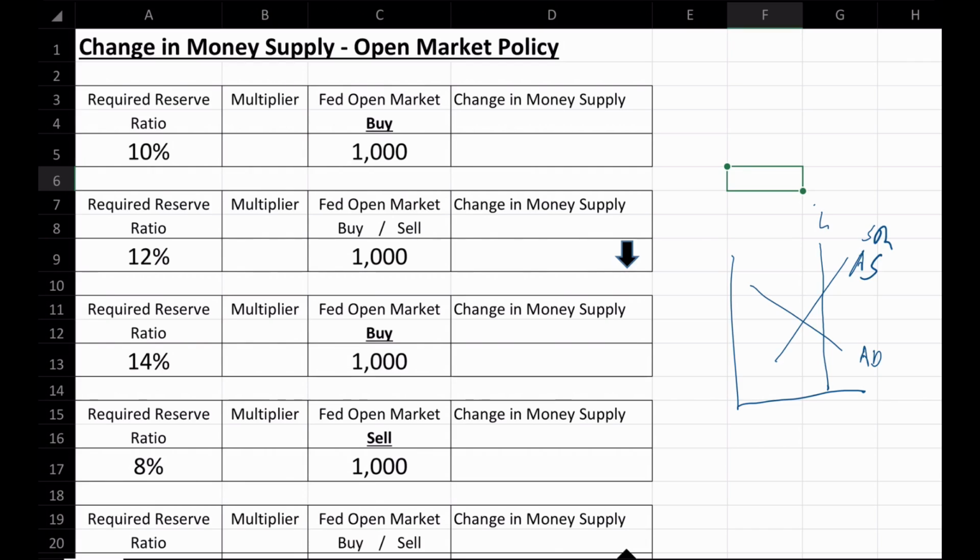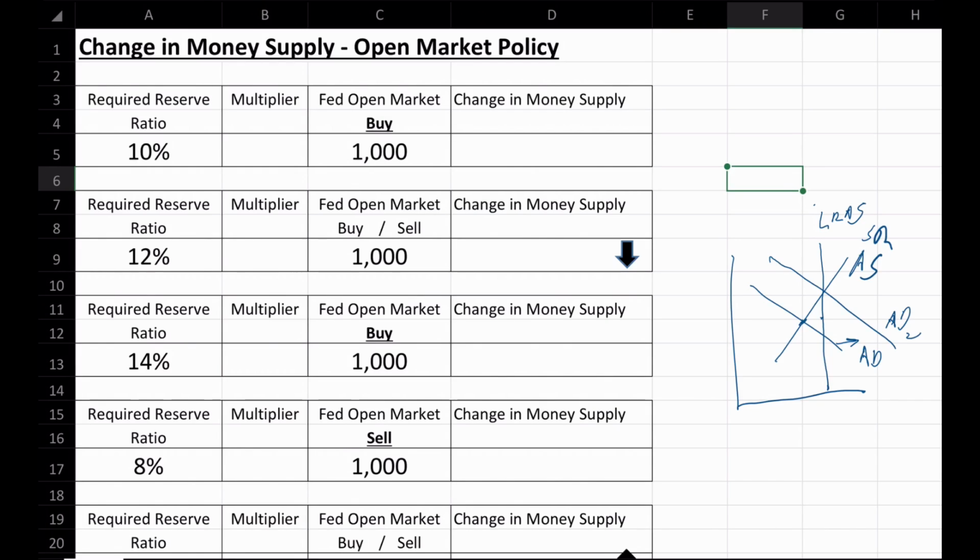This is our long run aggregate supply, and we need to get from here to here, and we can do that by increasing aggregate demand. This is aggregate demand 2. We can do that by giving businesses more money to loan, and that's what's happening right now during the coronavirus episode. The Fed's increasing the money supply.